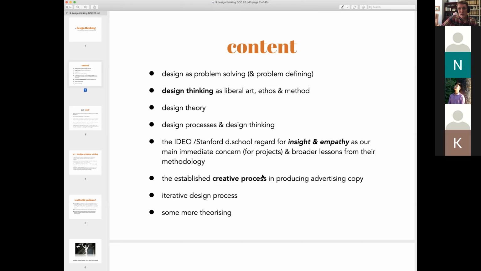What is very distinctive about the D School at Stanford is that there's a very strong sense that people benefit from design thinking, and design thinking can change the world in positive ways.